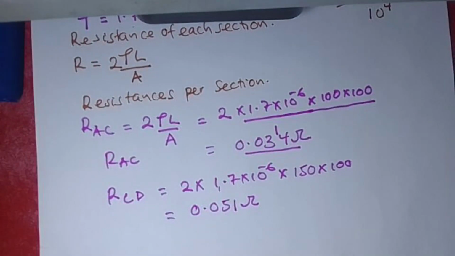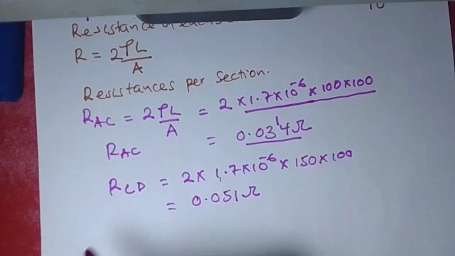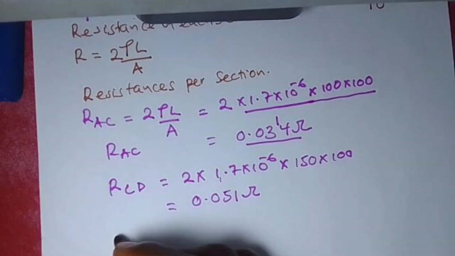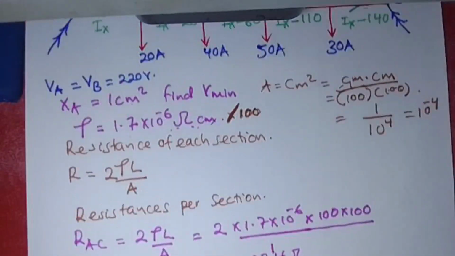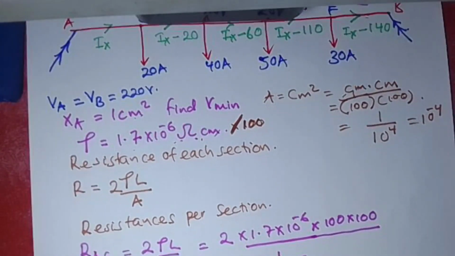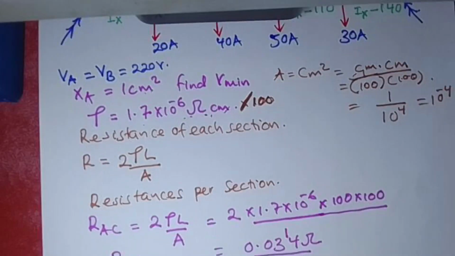Then we can also find the resistance at the other section, between D and E, and the resistance between that section is going to be similarly the same.